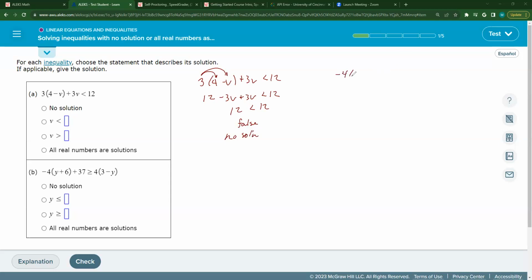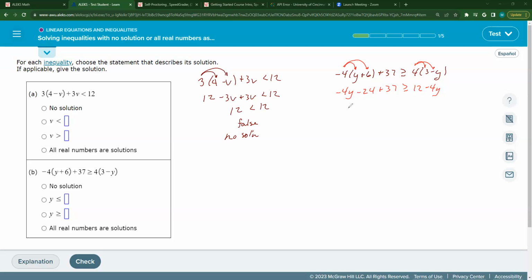Negative 4 times y plus 6, plus 37 is greater than or equal to 4 times 3 minus y. Distribute, I'll change colors. So negative 4y. Negative 4 times 6 is minus 24. Plus 37 is greater than or equal to 12 minus 4y. Combine like terms.